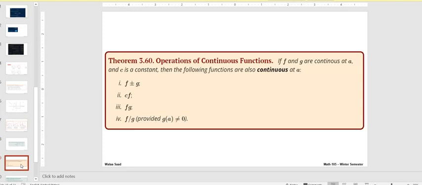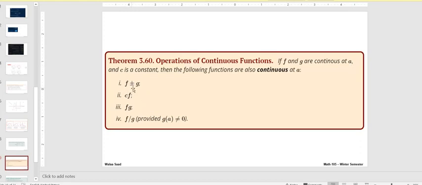It's beneficial to know that some operations can be applied over continuous functions. If f and g are continuous and c is a constant, then the following functions are also continuous. And when we say continuous, we have to decide at x equals a, at a certain point. We always study continuity at a certain point, not in general.